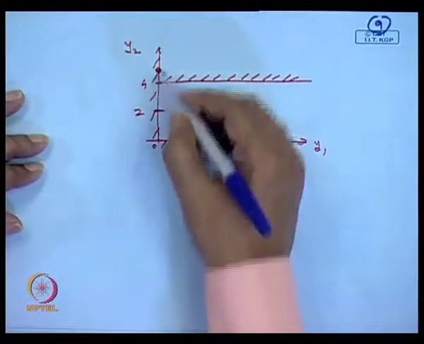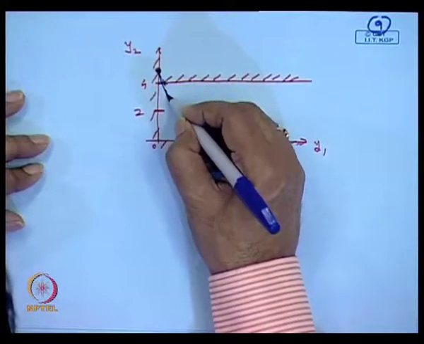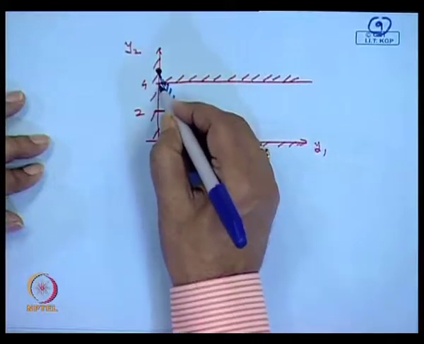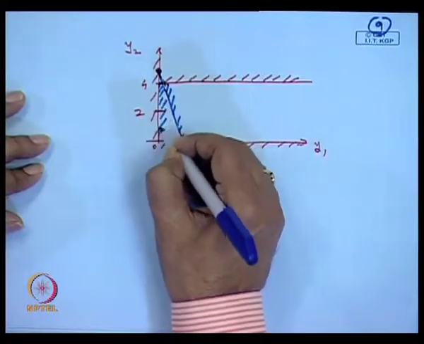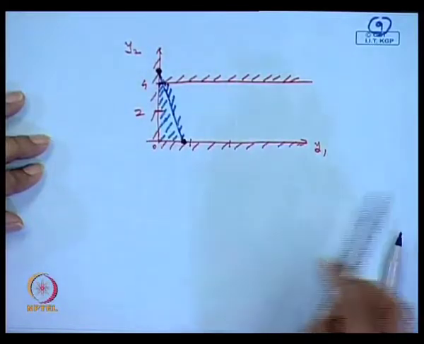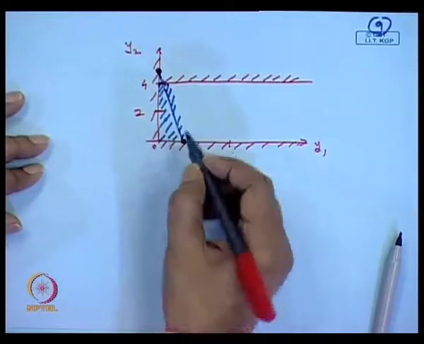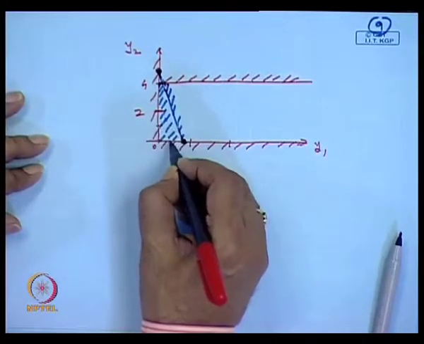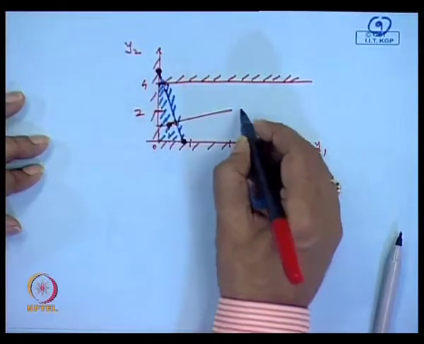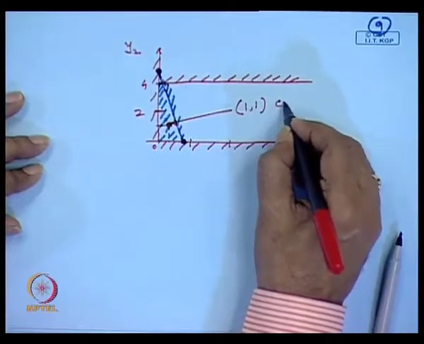So, our constraint is that one. So, our feasible region is this blue shaded portion, this is the polygon, and our initial interior point is 1 1. So, this is 1 and that is 1. So, this is our initial point in the transformed space, that is 1 1, which is a centered point.